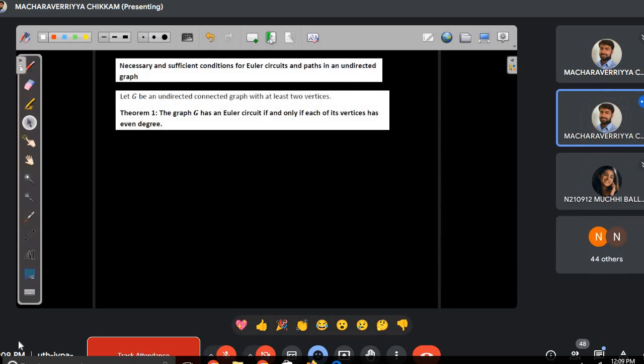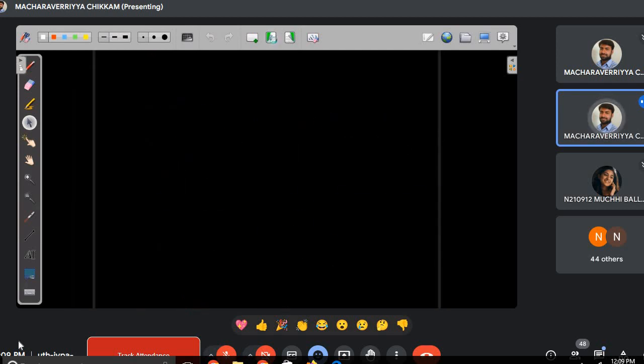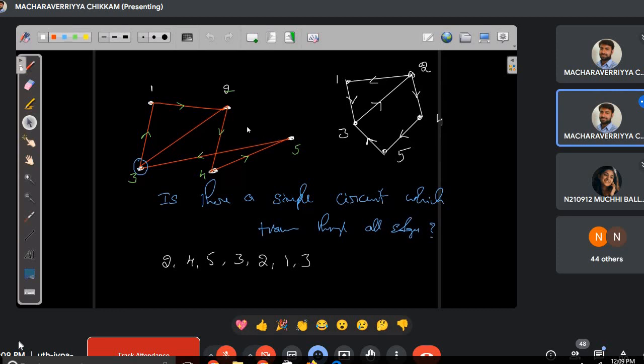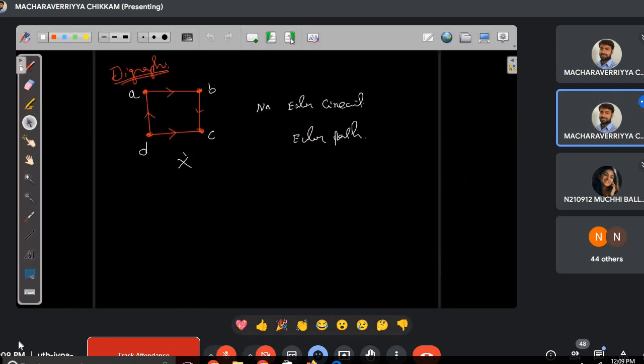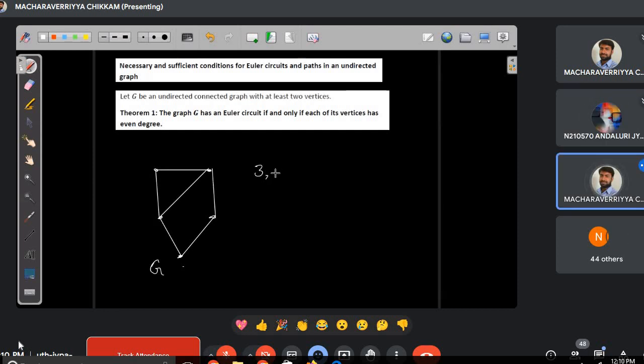Now let's look at this problem. So look at this graph G. If you look at the degrees of the vertices, let's write the degree sequence. This vertex has degree 3 and this has degree 3.